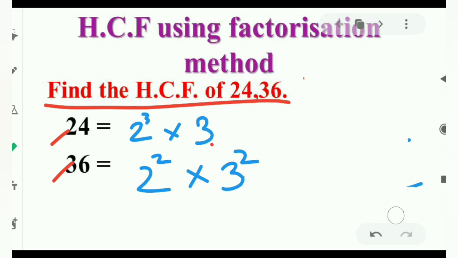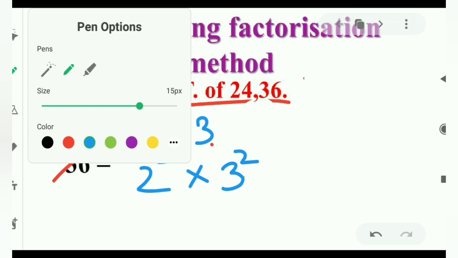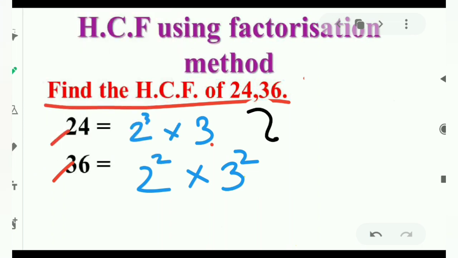Okay, what are we going to do now? We are going to find the HCF. What is the HCF? Do you remember? The product of the least power of common prime factors. What are the prime factors which are common here?